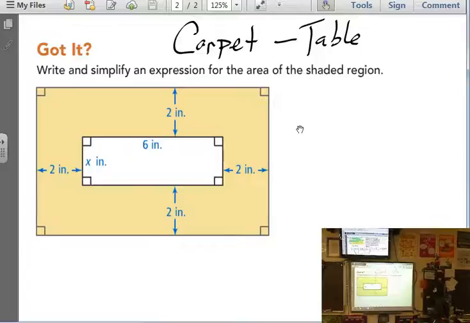Nope, you can't assume. We don't know what x is, and we can't know what x is. There's no way for us to figure out what x is, so you have to use it as x.